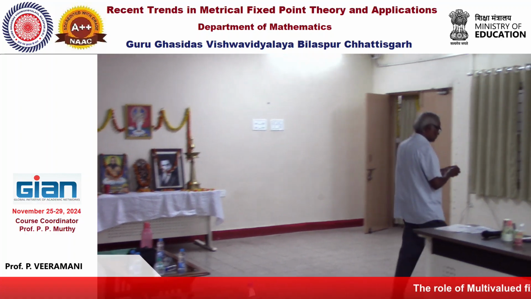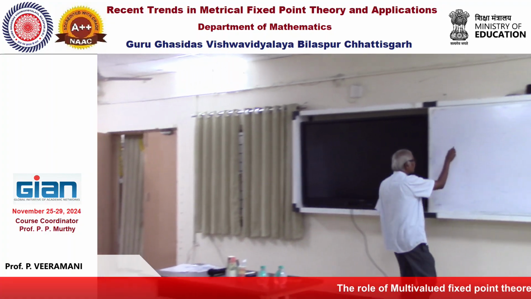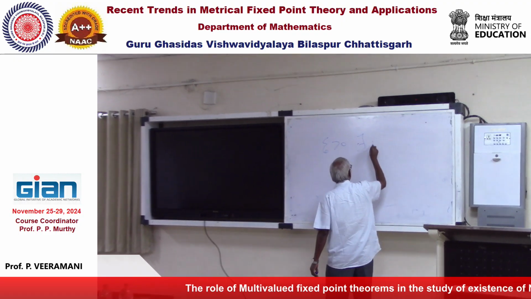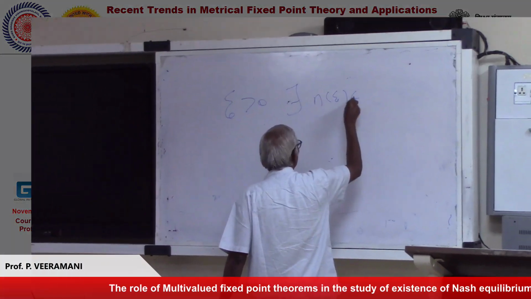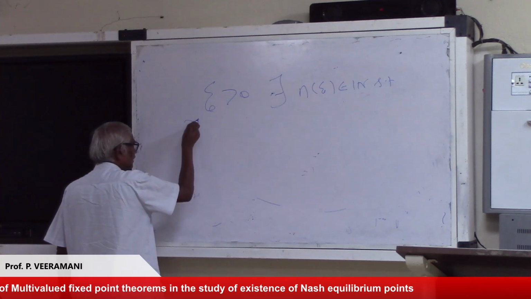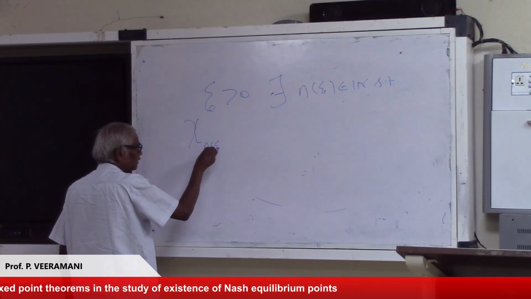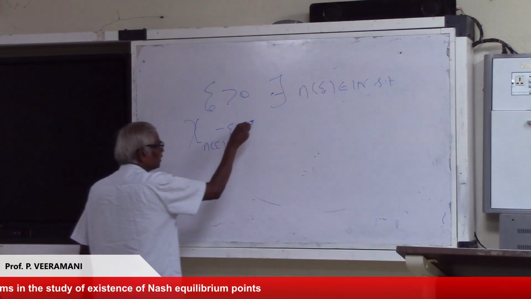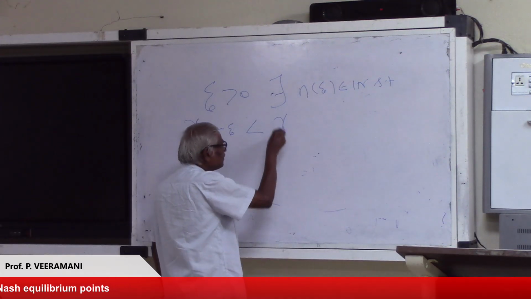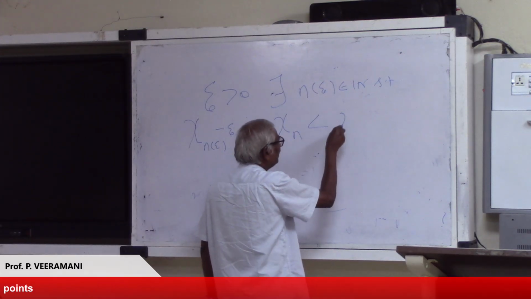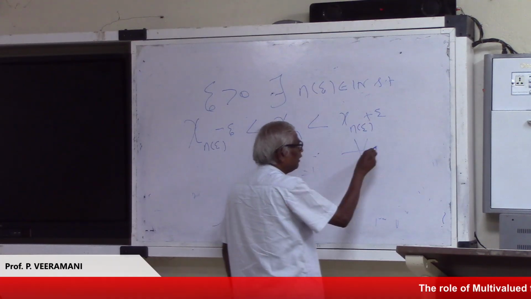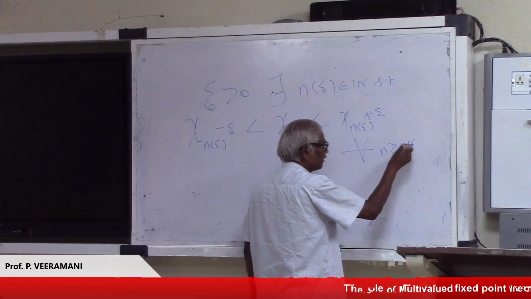Using the Cauchy sequence, what did we get? For epsilon, there exists a natural number N of epsilon such that x suffix n of epsilon minus epsilon is less than the nth term xn, which is less than x n of epsilon plus epsilon, for all n greater than or equal to N of epsilon.